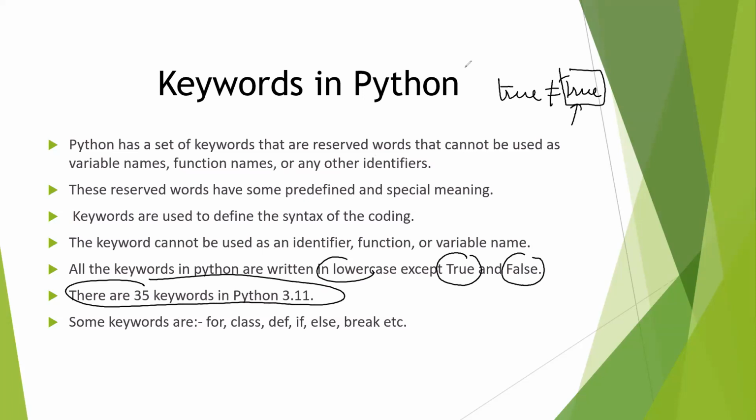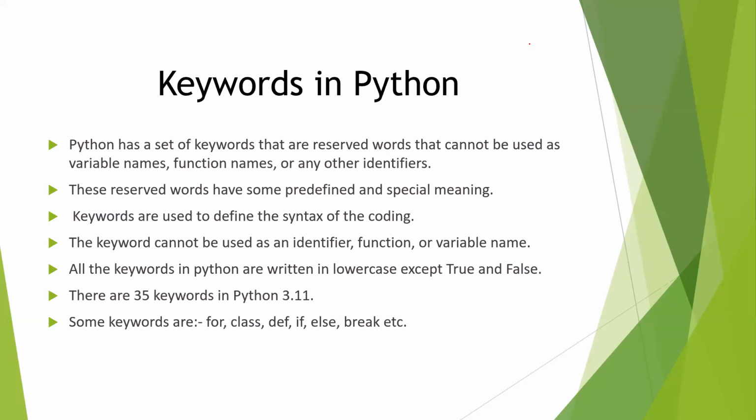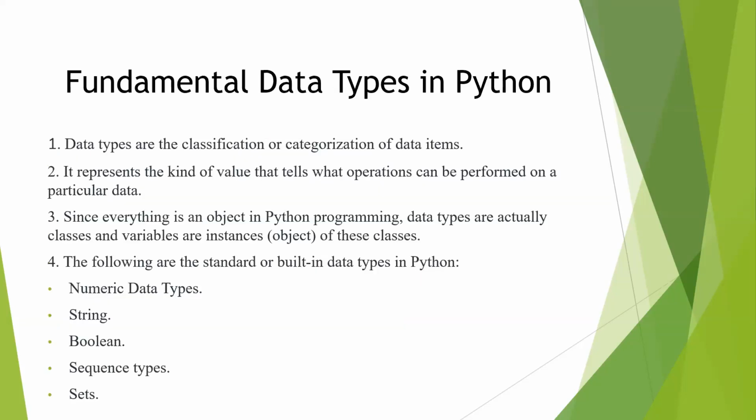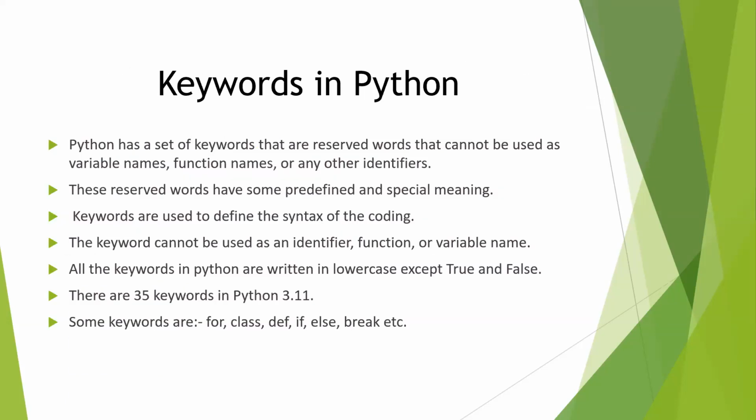So these are some keywords, and you are using them to build the structure of your program, the structure of your code in Python. Are the keywords clear to everyone?